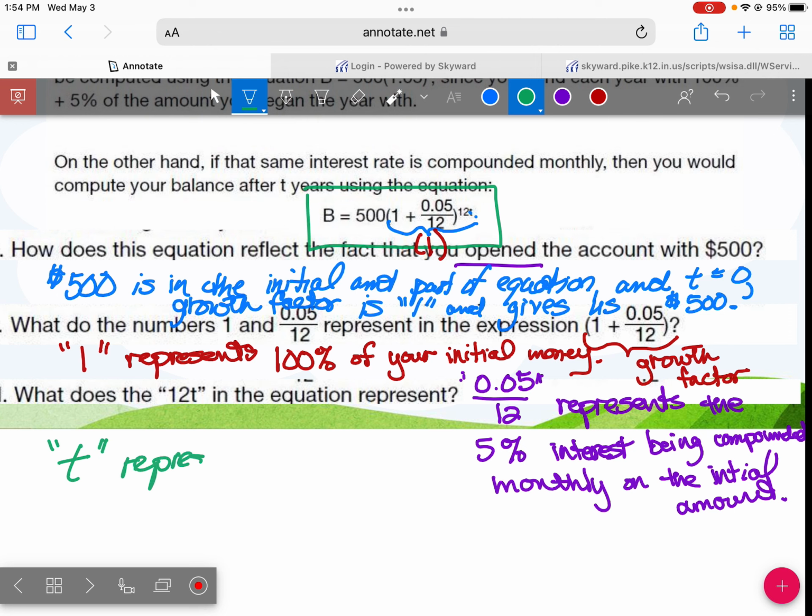Time in what? Usually it's years. Not always. But usually it is what we calculate for in terms of years. So if T represents the time in years, that means 12T is going to represent what?